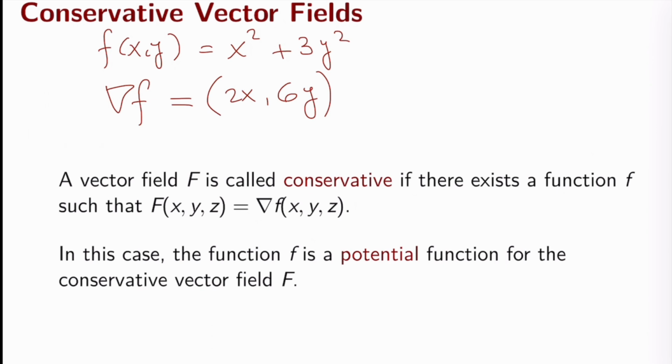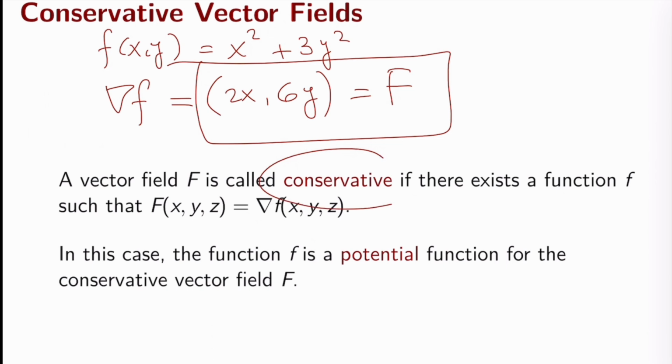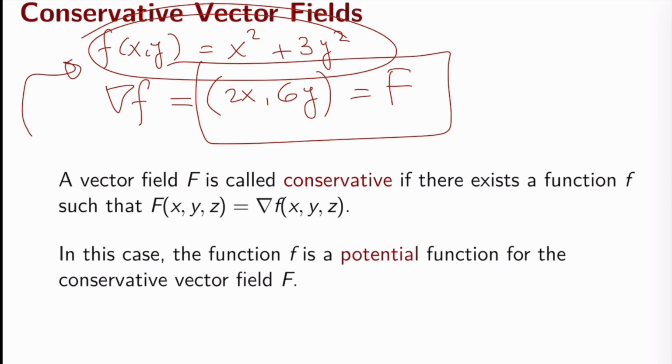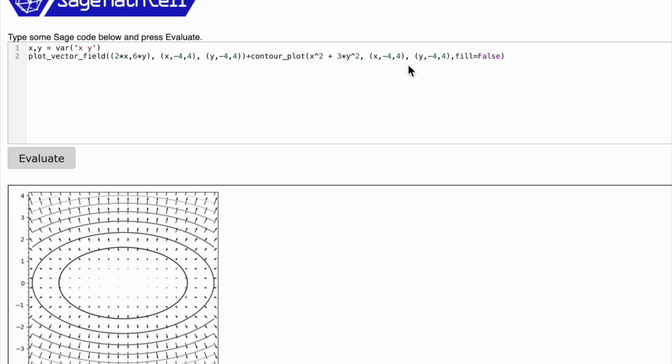So this vector field, let's call it capital F, is conservative because we just calculated it as the gradient of this one. So this vector field is conservative and the potential function is this one, the small case f. Let's see how this function actually graphs.